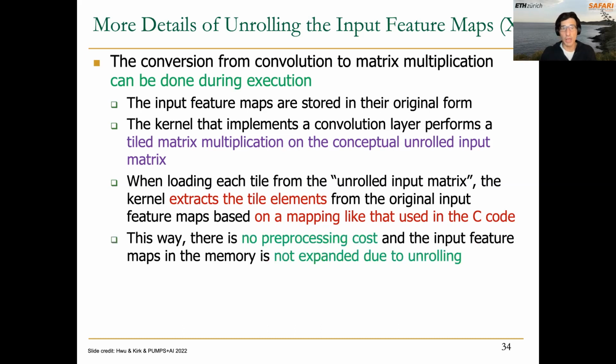So we don't need to pay the pre-processing cost of unrolling the matrix. That could have been a big issue, but we can make use of this special addressing to access the data the way we need to perform the matrix multiplication, and this way perform the unrolling on the fly and save a lot of memory space.